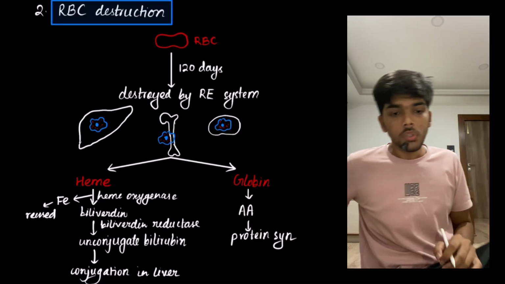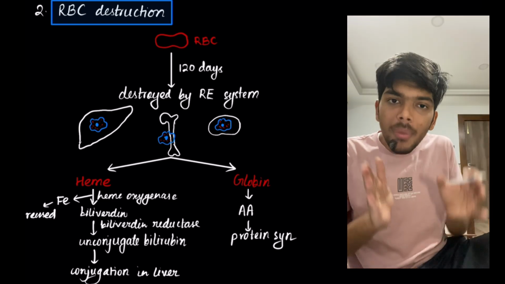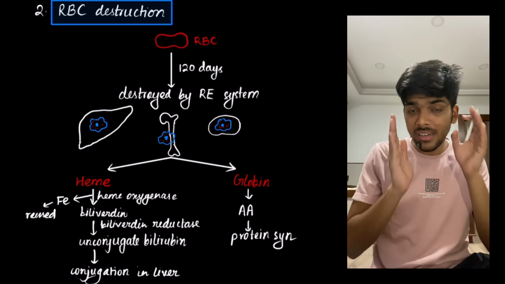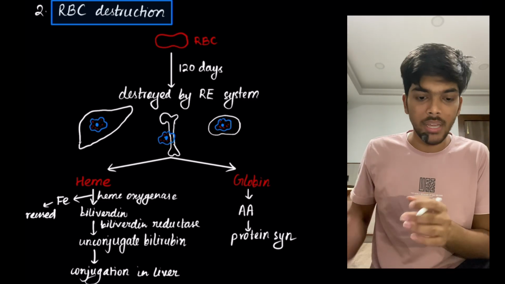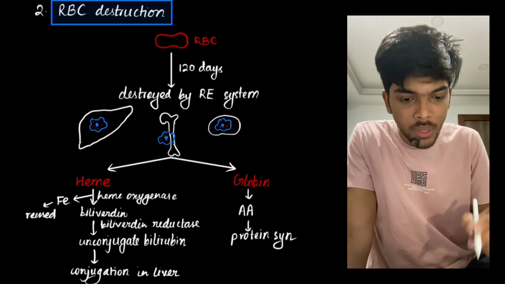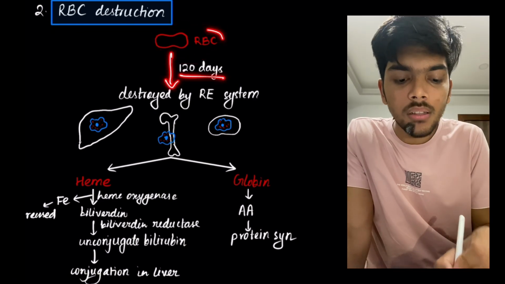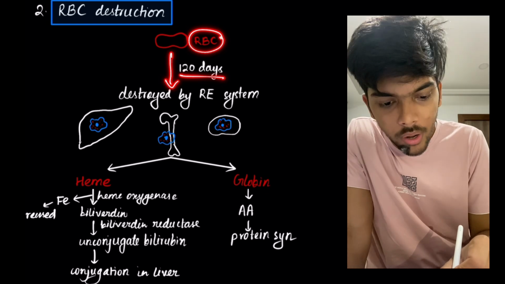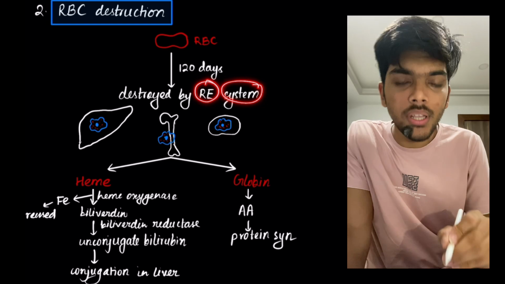All right. Now, in a normal human being, how does a normal RBC get destroyed? First, let's understand that so that we can get into the pathophysiology of this anemia. So, normally, you have your red blood cell. After 120 days, the red blood cell becomes old. This red blood cell then gets destroyed by the reticuloendothelial system.